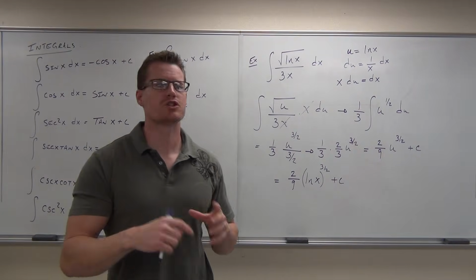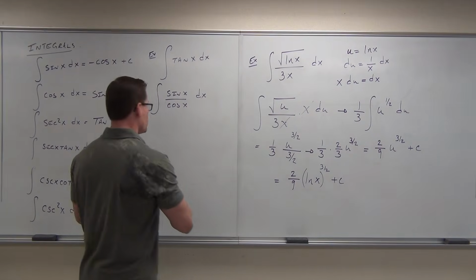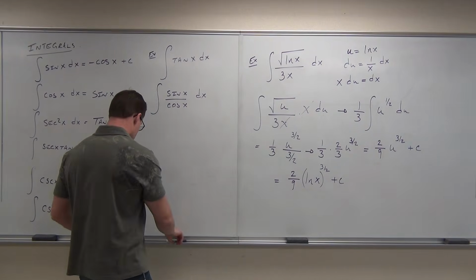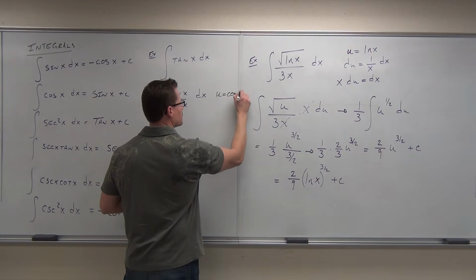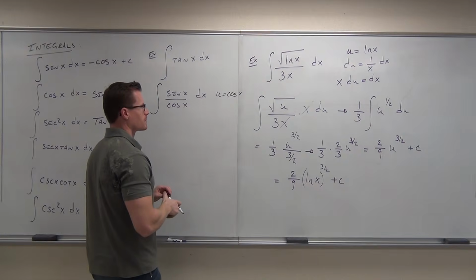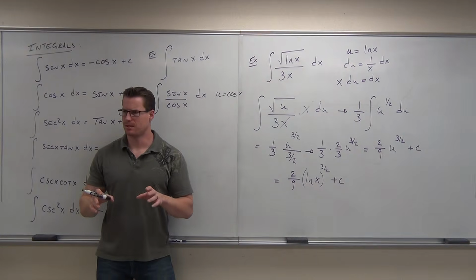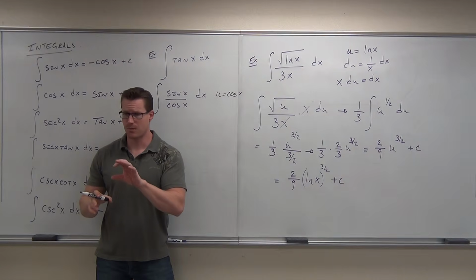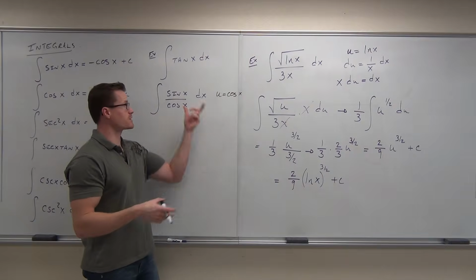We want to pick the worst part of this and call it u. In our case right here, we're going to pick u equals cosine x. Do you guys see what I'm talking about, the worst part of this being cosine, because it's on the denominator? Also, it's a great part for us because the derivative of cosine, besides the negative, the sine part's right there.